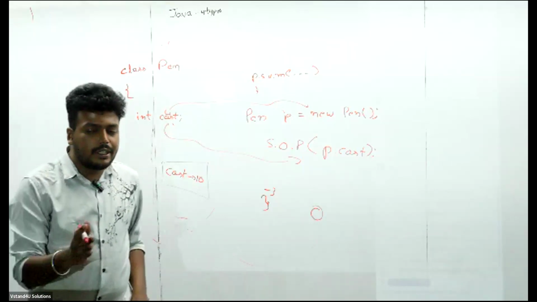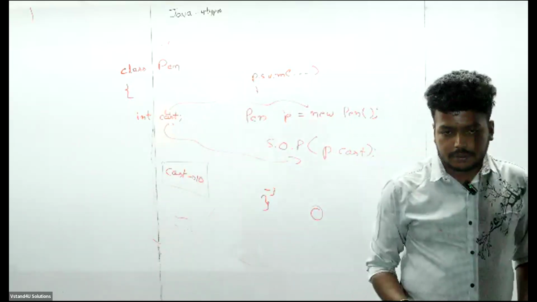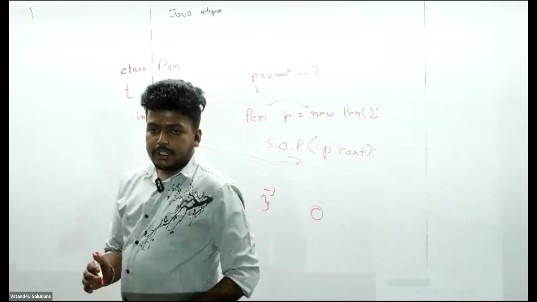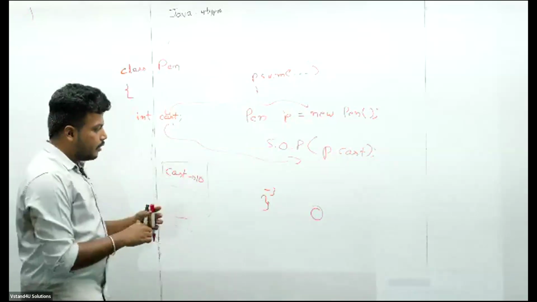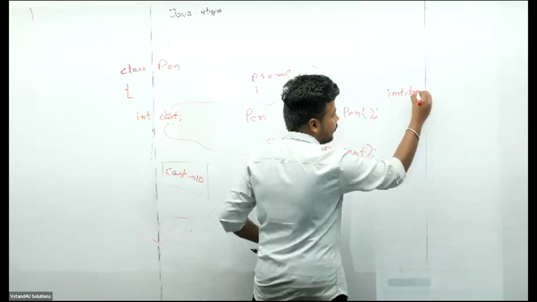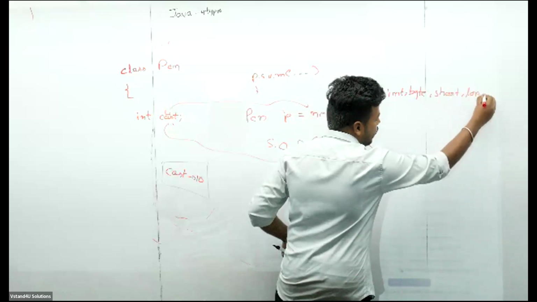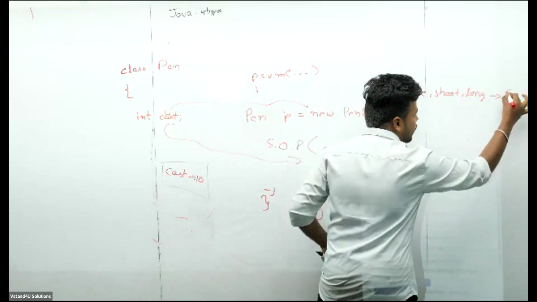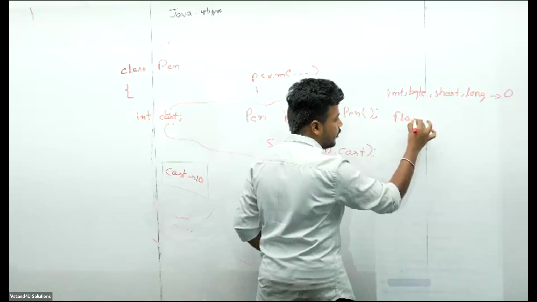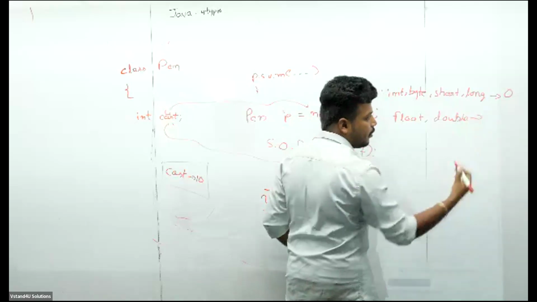What are the non-decimal data types? Int, byte, long, short. For decimal data types, what is the default value?